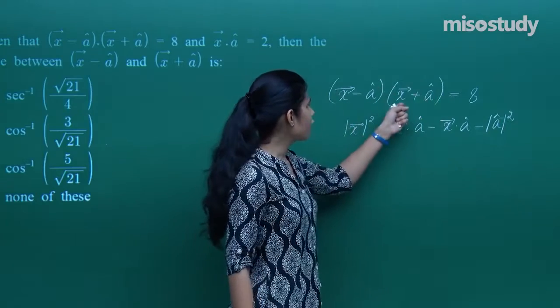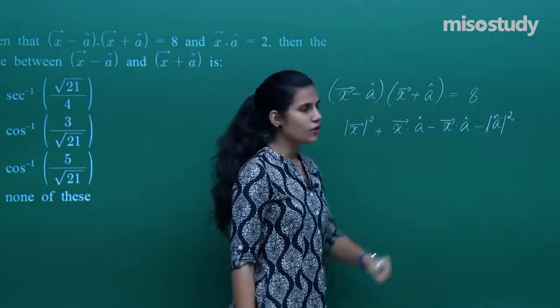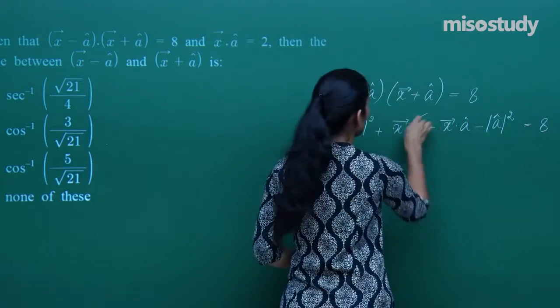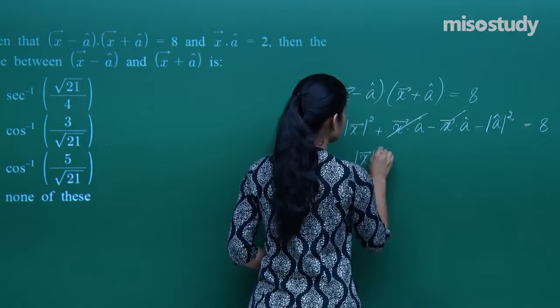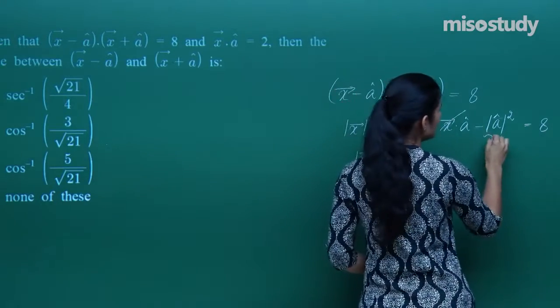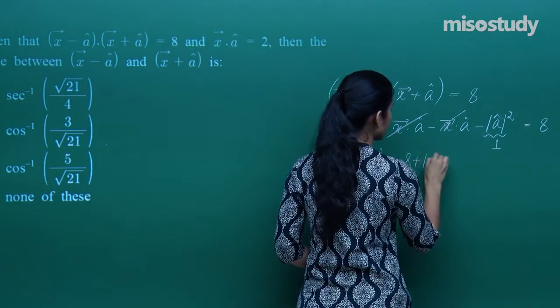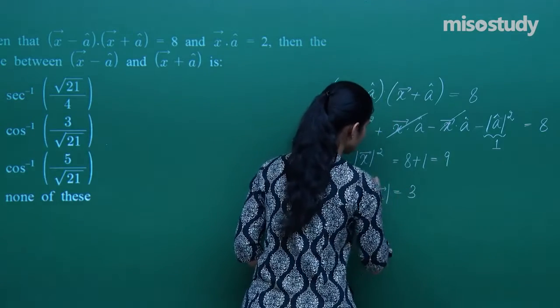What is this? x dot x plus x dot a minus a dot x minus a dot a. This is 8. Obviously this is 0. This is mod of x vector whole square. This is a unit vector, you can see it is a cap, so this is 1. You basically get 8 plus 1, that is 9, and so mod of x vector turns out to be 3.